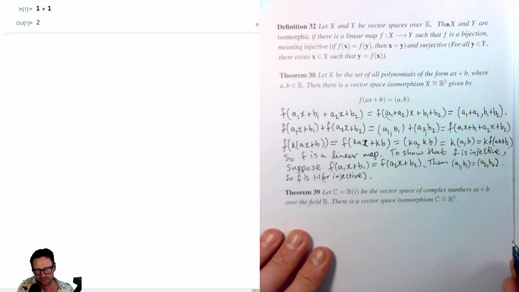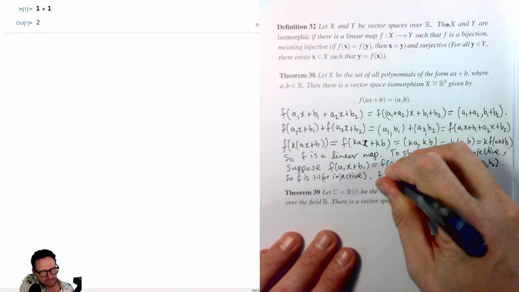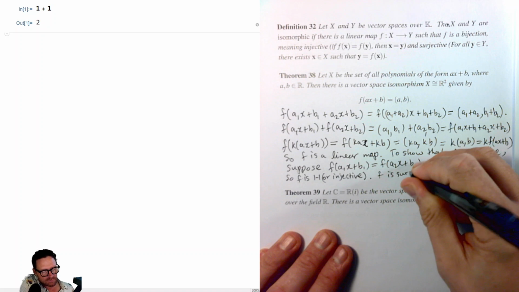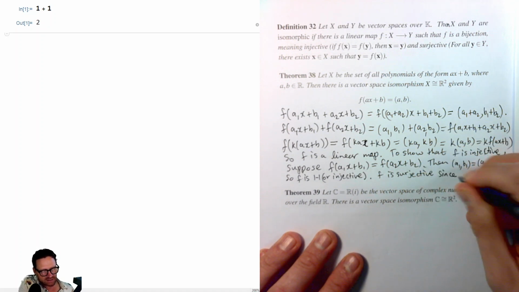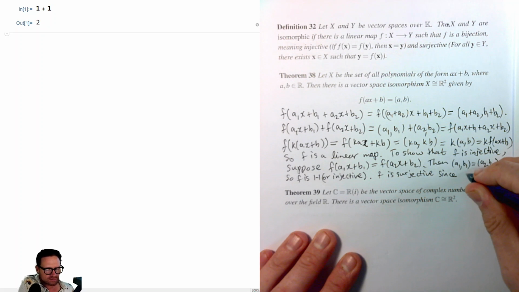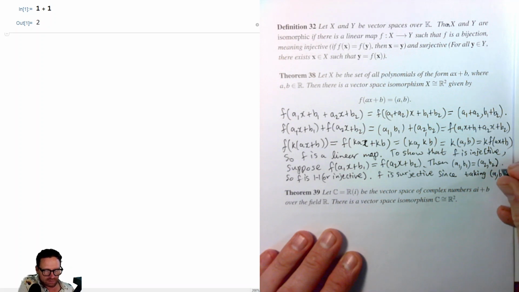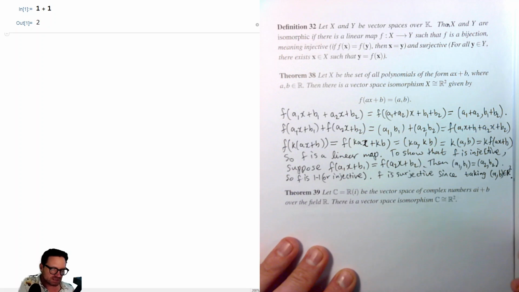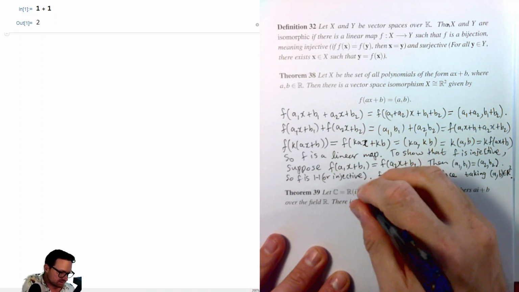Now f is also surjective, since if I take (a, b) in the codomain R2, is there an element in the domain that maps to that? And the answer is yes.